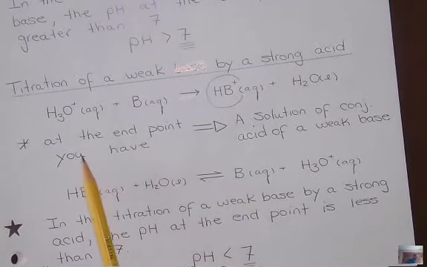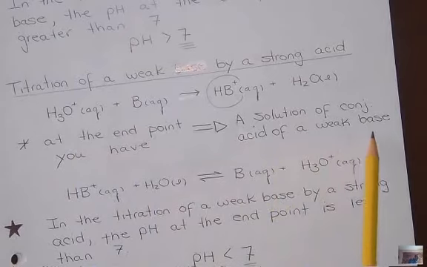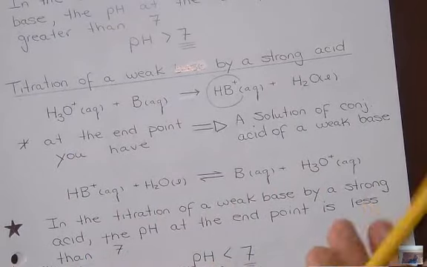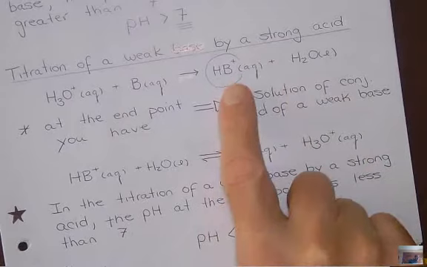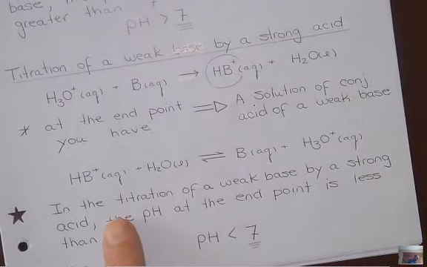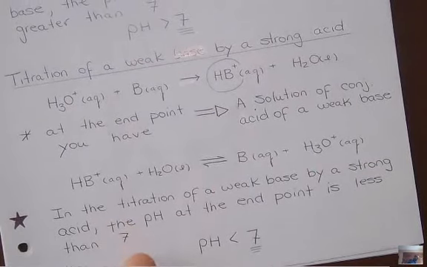So at the end point, you have a solution of the conjugate acid of the weak base B. HB+ can react with water to make B and hydronium. So my expectation is the pH to be less than 7 because I have this species, which is a little bit acidic, in it. So again, in the titration of a weak base by a strong acid, the pH at the end point is expected to be low, less than 7.